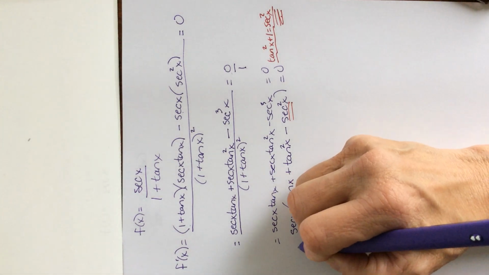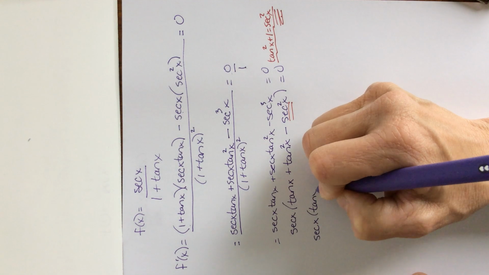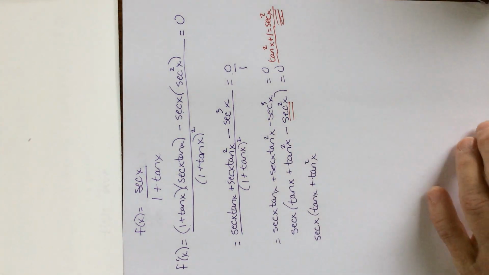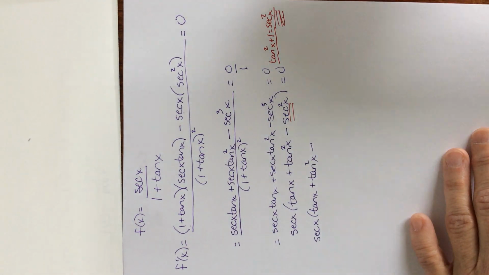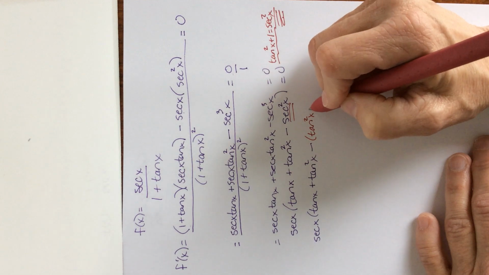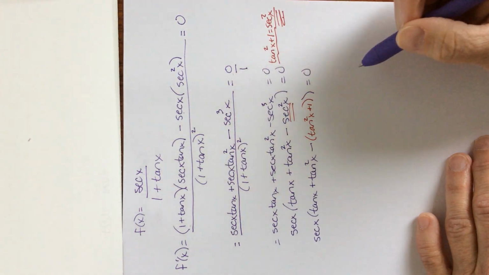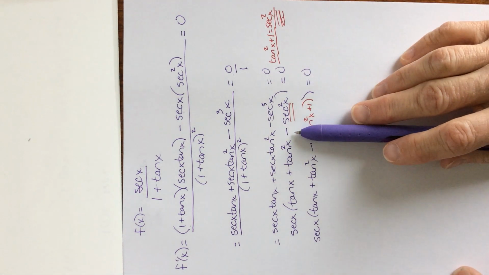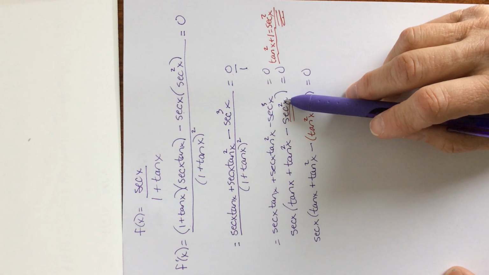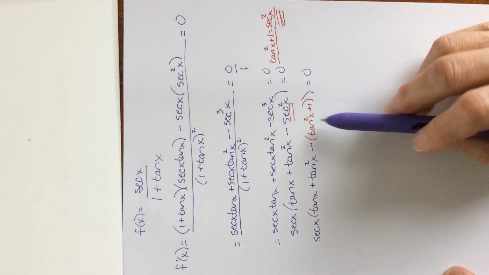So this is what it's going to look like. Secant of x times tangent x plus tangent squared x minus tangent squared x plus 1. And what we always have to be careful with is this subtraction here. I replaced secant squared x with tangent squared x plus 1, and that means I've got to subtract all of that.